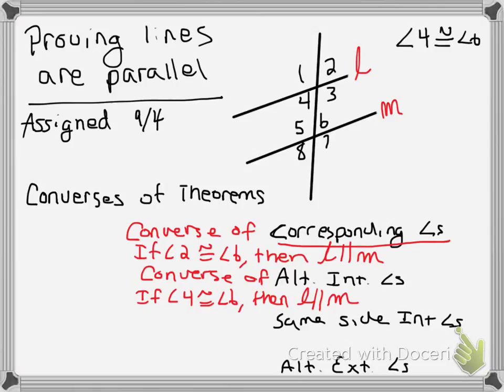Same side interior angles. So this is a little bit different. Same side interior angles we know are supplementary. A pair of same side interior angles would be 4 and 5. So it would say, given that angle 4 and angle 5 are supplementary, are the two lines parallel?